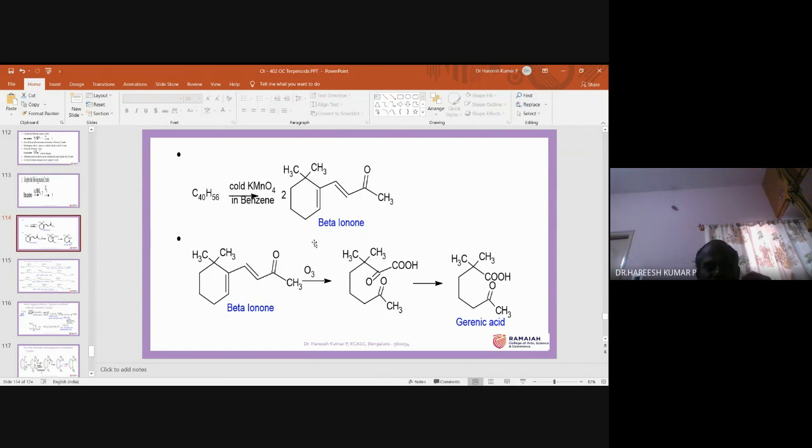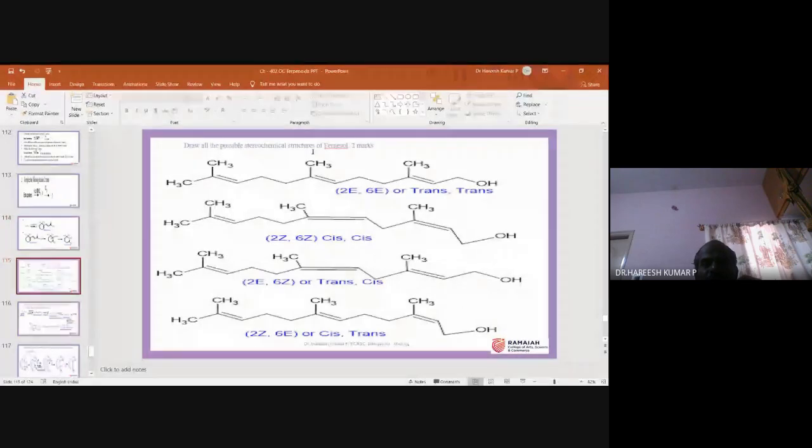With this, I will go to the next question: draw all possible stereochemical structures of farnesol. This is the structure of farnesol, and more particularly I have written a linear structure of farnesol.